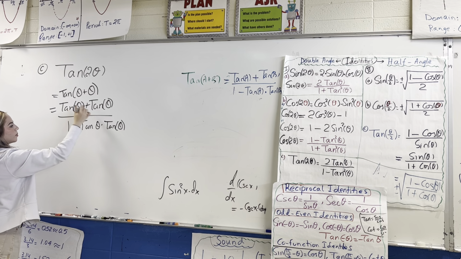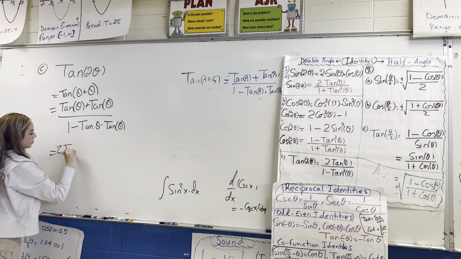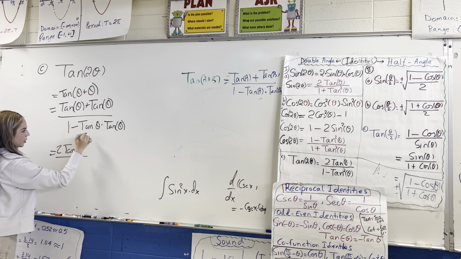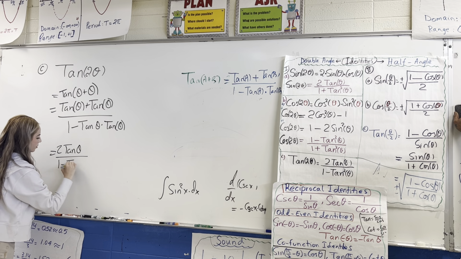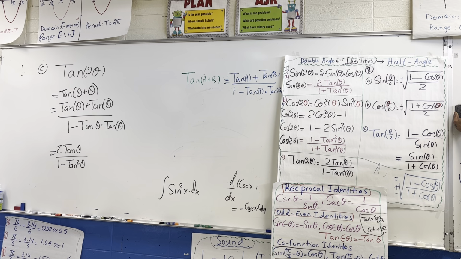Then you can put these two together, so it'll be two. Then tan, so two of them, so twice tan. And then these would also come together, so it comes squared. So 1 minus. That's it. So simple, right? Good job.